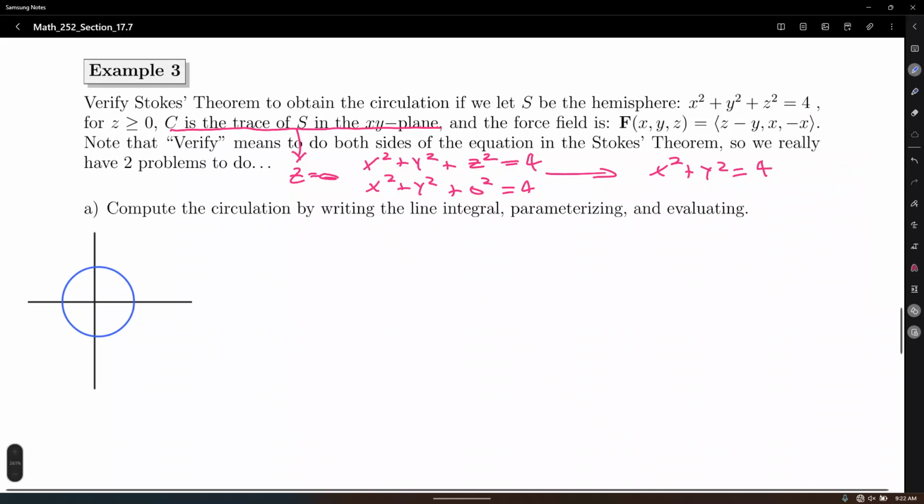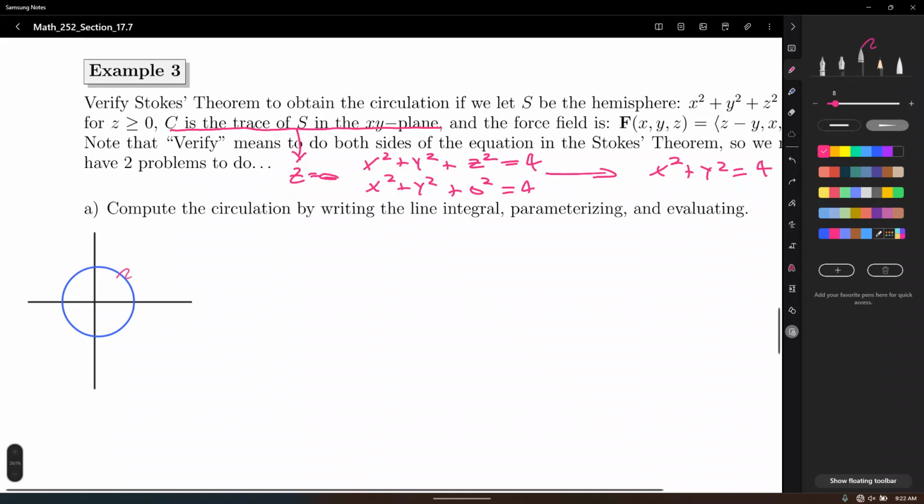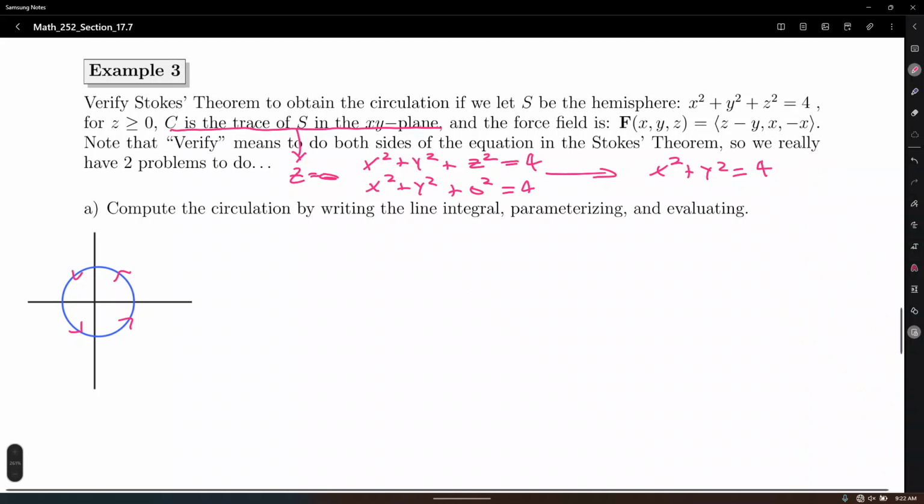And again, the implications of the line integral and of our surface is that the orientation is going to go counterclockwise, right? Okay, so let's forget about Stokes' theorem. Let's go back to basically type 2 line integrals where we have our driving force and a trajectory to go along with.